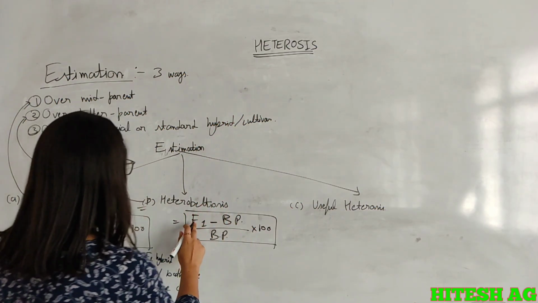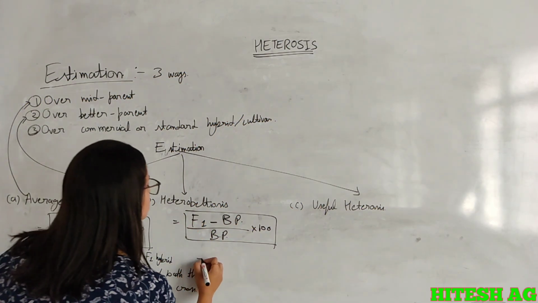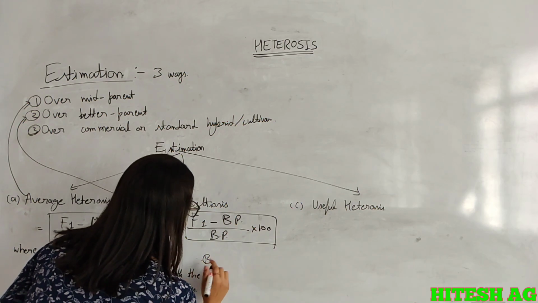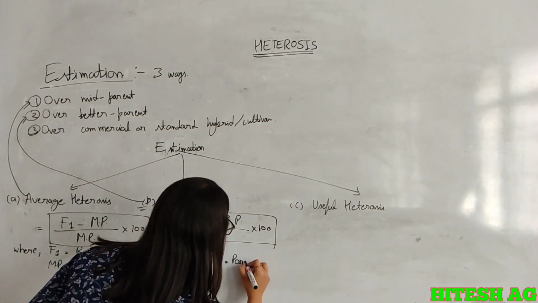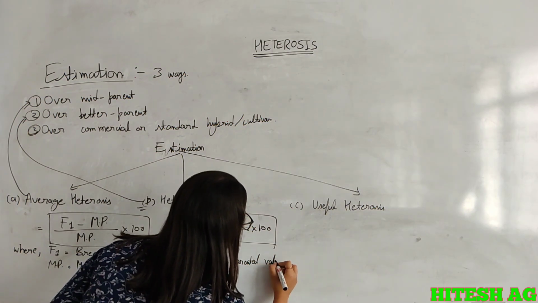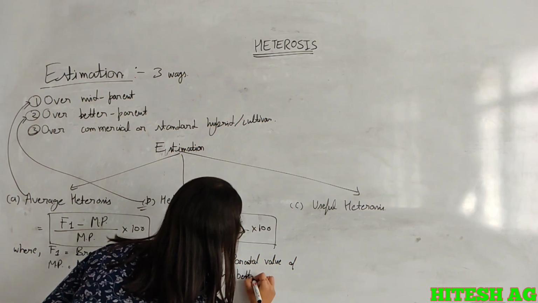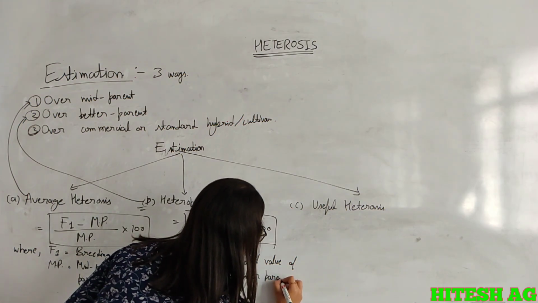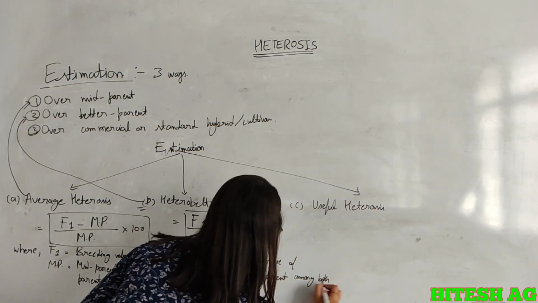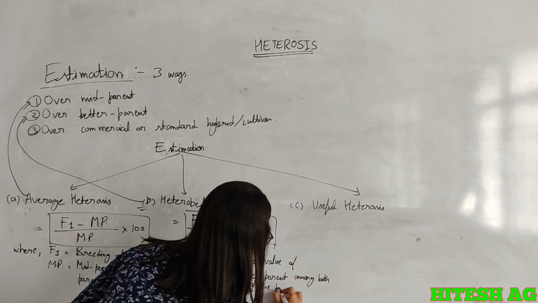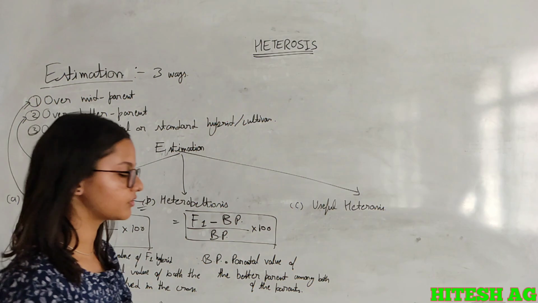F1 is the breeding value of the F1 hybrid, but BP is the parental value of the better parent among both of the parents involved in the cross.